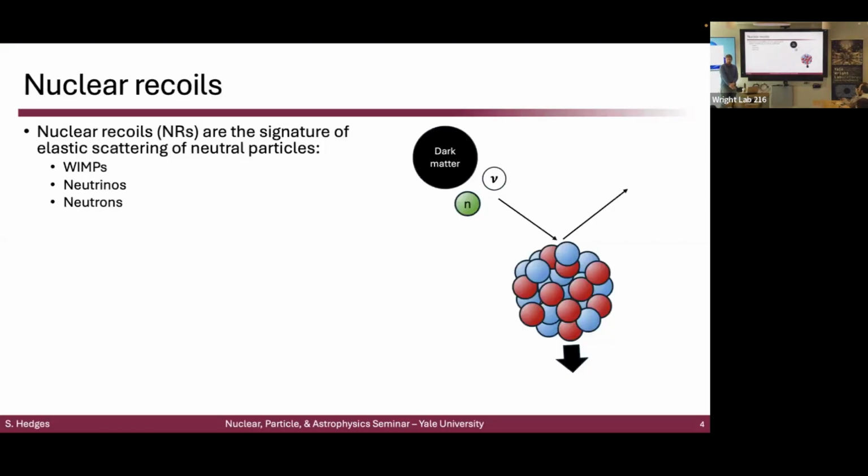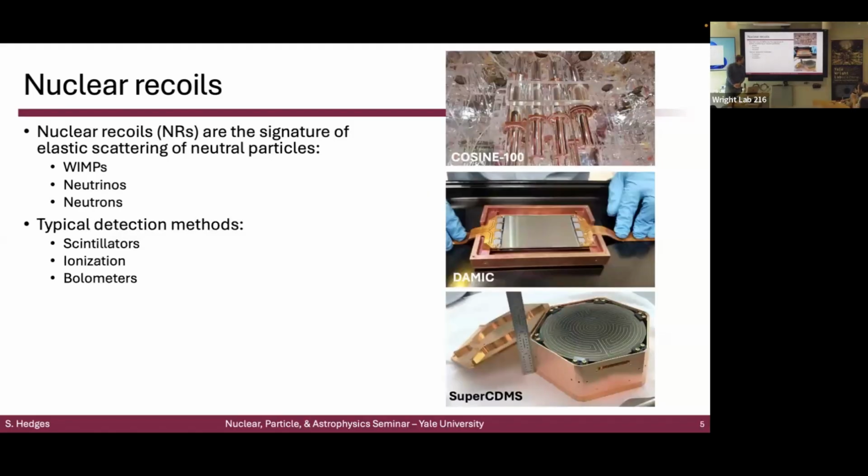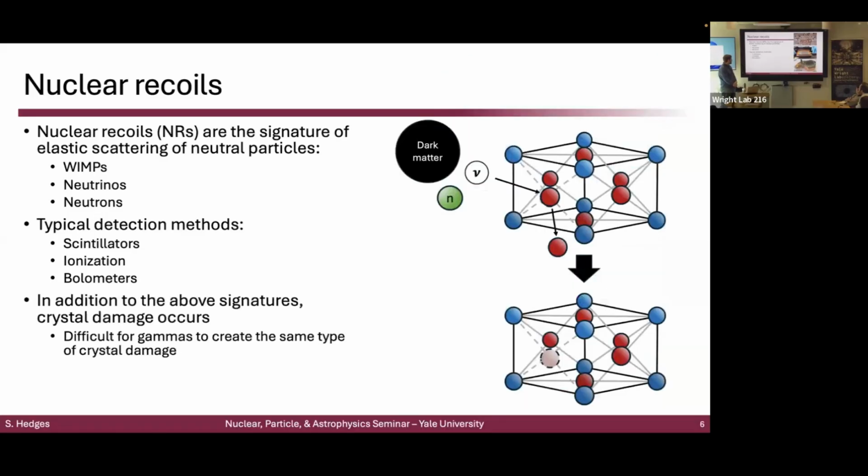So starting off with nuclear recoils. As many of you know, nuclear recoils are one of the signatures of the elastic scattering of particles like WIMPs, neutrinos, or neutrons. They all produce the same detectable signature. And the typical way that you try to measure these signals is through things like light in scintillators, charge in ionization detectors, or heat in bolometers.